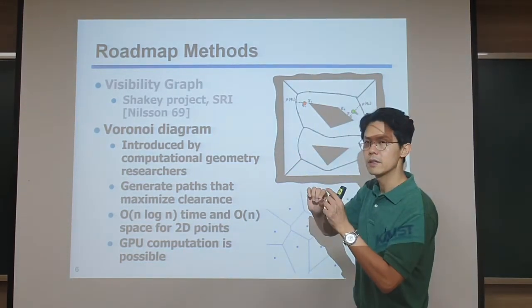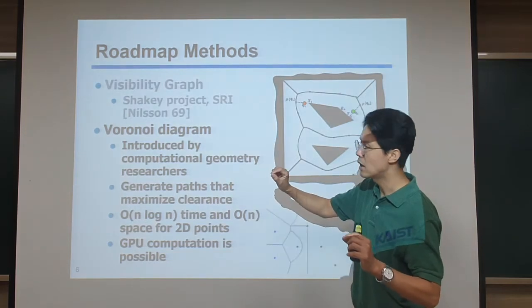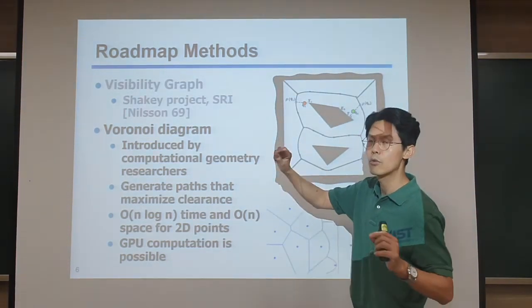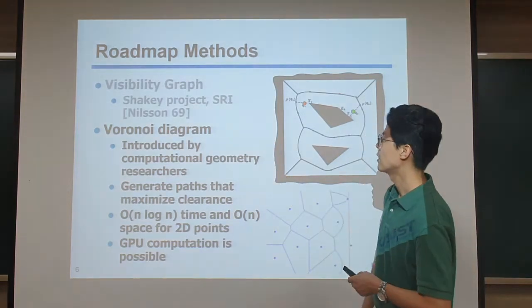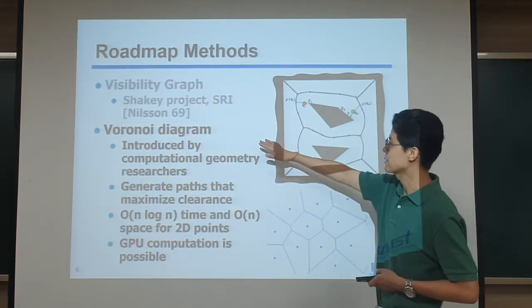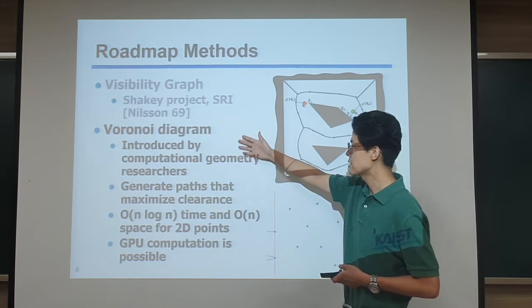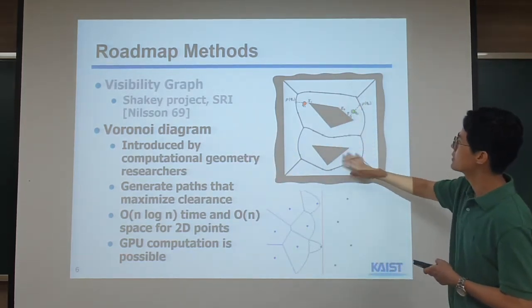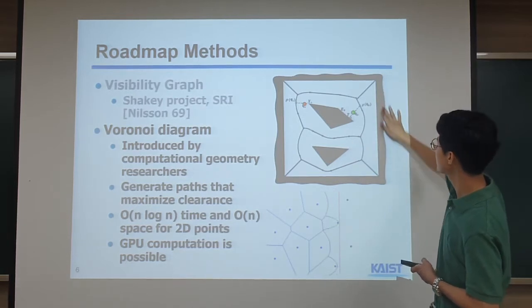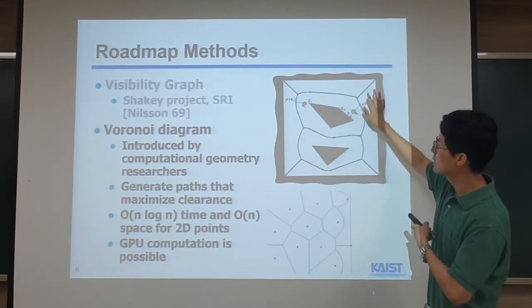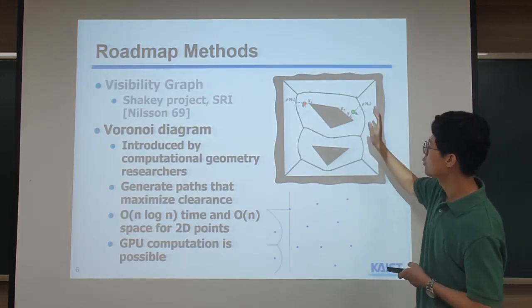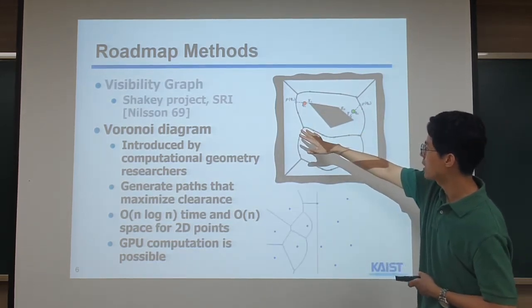Each edge in the visibility graph is a possible road that we can take, right? Another example is this Voronoi diagram, which was introduced in computational geometry research a long time ago. This is an example of a Voronoi diagram. These are obstacles, and given this kind of workspace, we can run the Voronoi diagram algorithm.